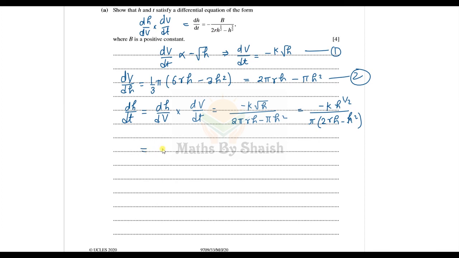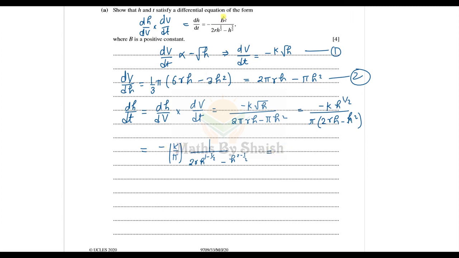So it can also be written as minus k by pi and 1 over, I'm taking this h in the denominator, it will become minus 1 by 2, and hence using the law of indices it is going to be h raised to the power 1 minus 1 by 2 minus h raised to the power 2 minus 1 by 2.